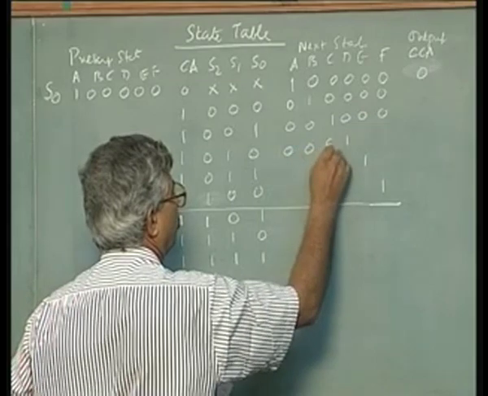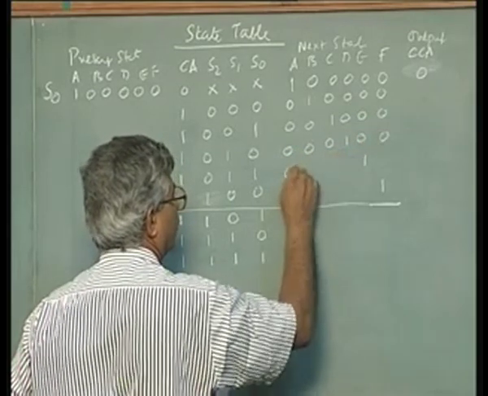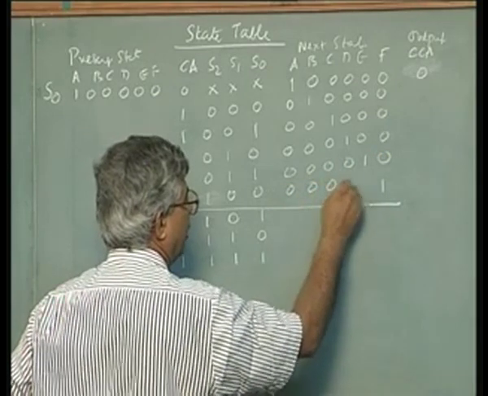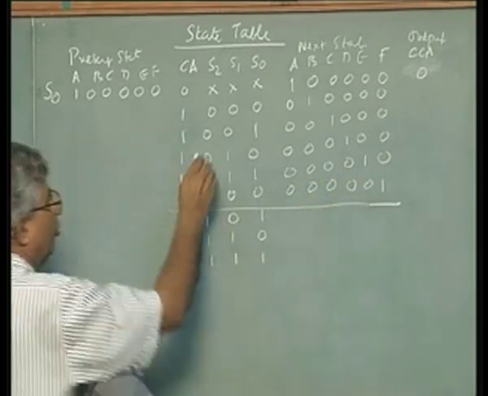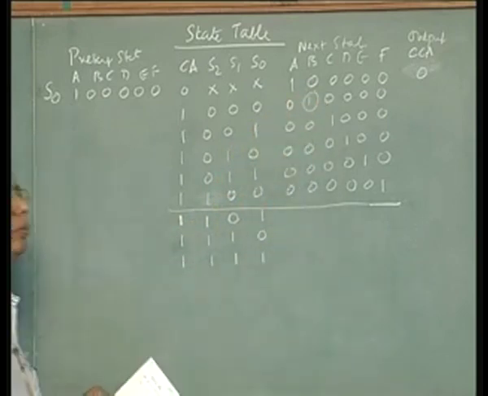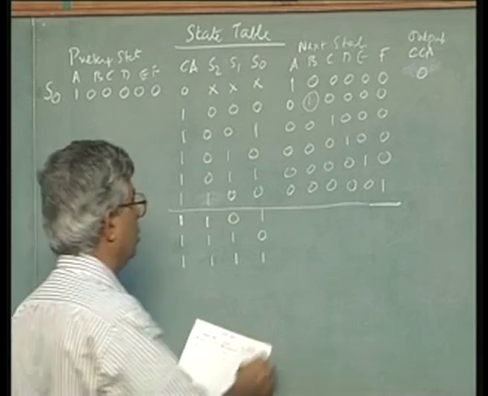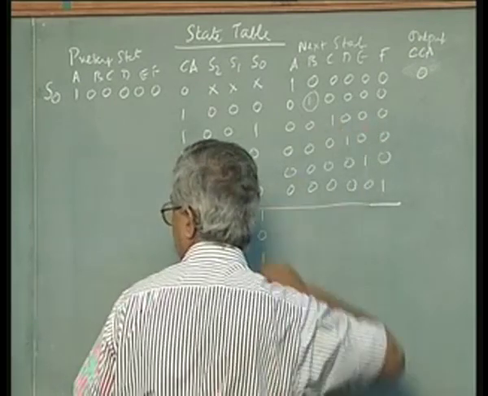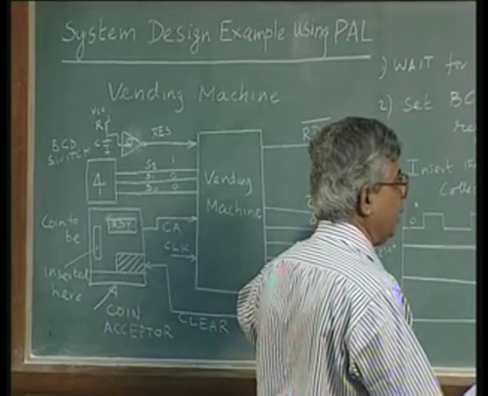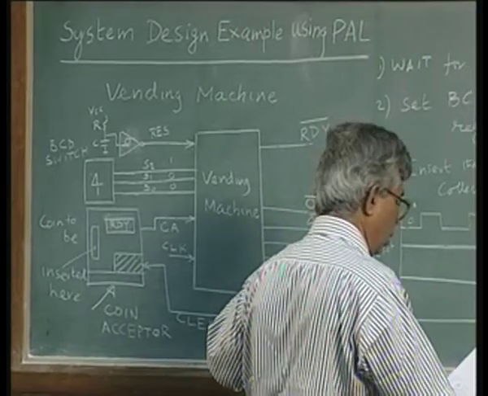There is no need for output separately written, because as I said the output is same as the flip flop state. So if you are in this state, this also is output B. So this is next state as well as output, and the other output to be given is when the transaction is completed. That will be given only when you are in one state and then you go to the next state.